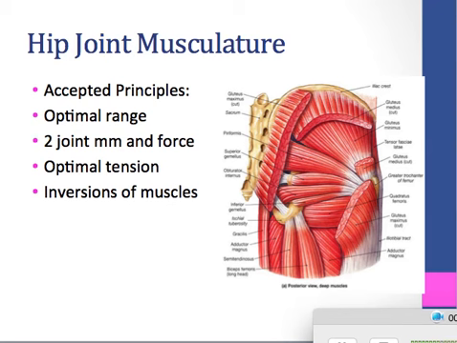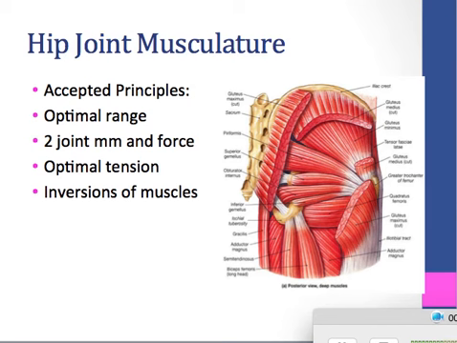Okay, then we're going to talk about the two joint muscles and force. We have a significant amount of two joint muscles in the hip. As you go through and review your anatomy and get ready for our lab, think about the rectus: it crosses two joints, it's in charge of two actions, so what does it do? Hamstrings, what does that do?